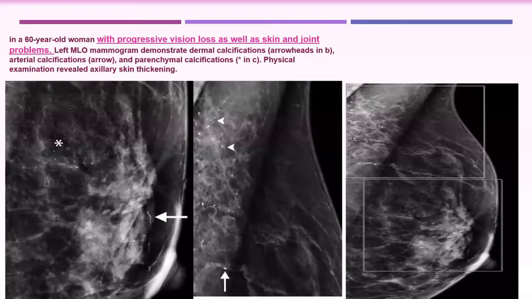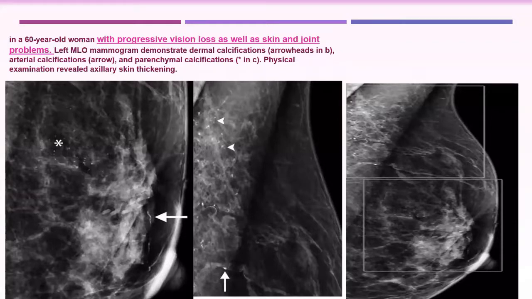And this is a 60-year-old lady with progressive vision loss. Think about it. This patient has progressive vision loss, skin and joint problems. The left MLO demonstrates dermal, vascular, and parenchymal calcifications. On physical examination, she has thickening of the axillary skin.